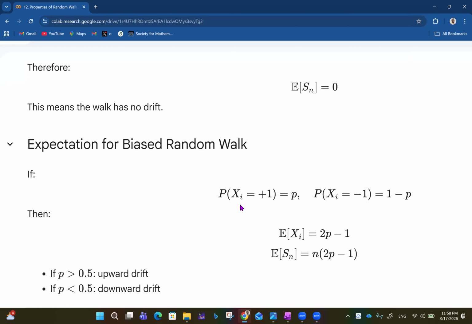If the probability of Xi equals +1 is p, and the probability of Xi equals -1 is 1 minus p, then the expected value of Xi is 2p minus 1. If you take n steps, you have n times (2p minus 1), which we saw in the other video. If p is greater than 0.5, we have an upward drift, and if p is less than 0.5, we have a downward drift.